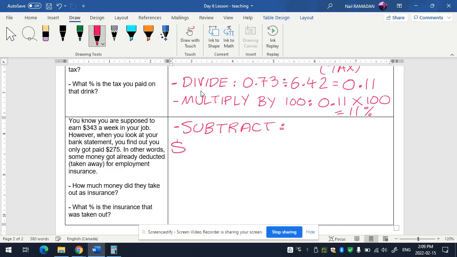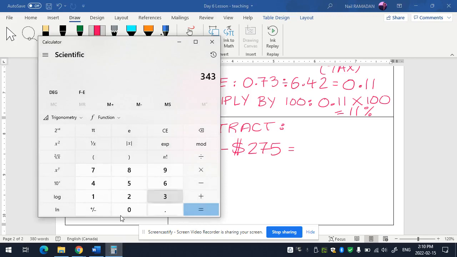You subtract $343, which you should have actually been rightfully paid, take away the 275 that you were actually paid. How much is that? 68, I think. That's 13 minus 7. Yeah, $68.